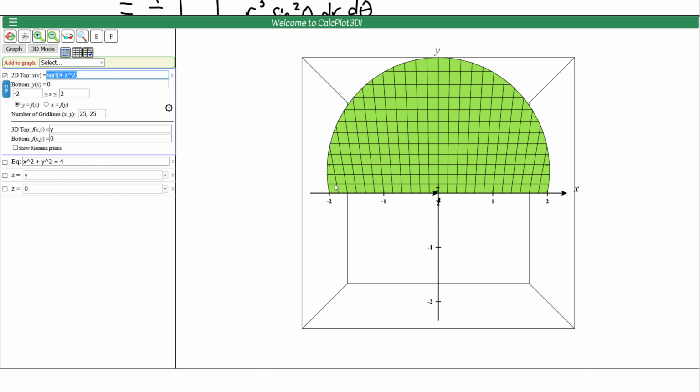Now for this sine squared theta, to integrate that, we're going to use a half angle identity. So sine squared of theta is 1 minus the cosine of 2 theta all over 2. If we do this replacement, we can take the 1/2 here and here to make a 1/4.